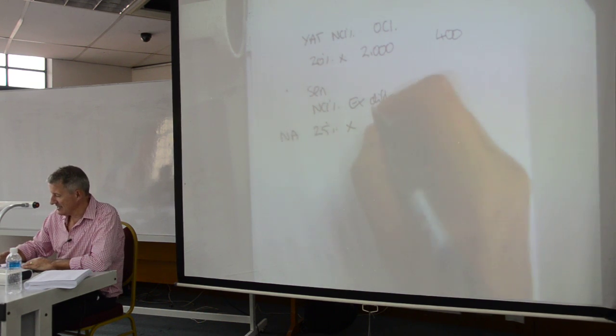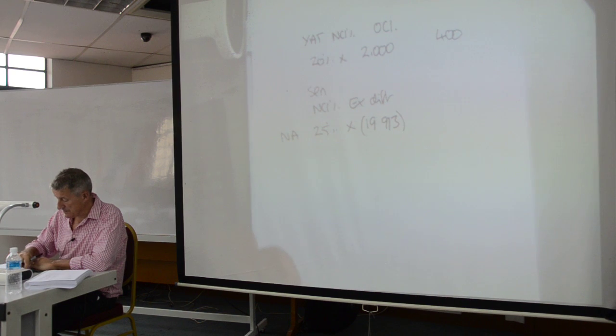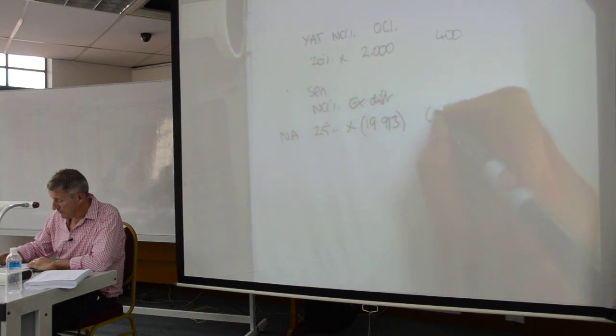19,913 on the net assets. So 25% of that 19,913 is 4,978.